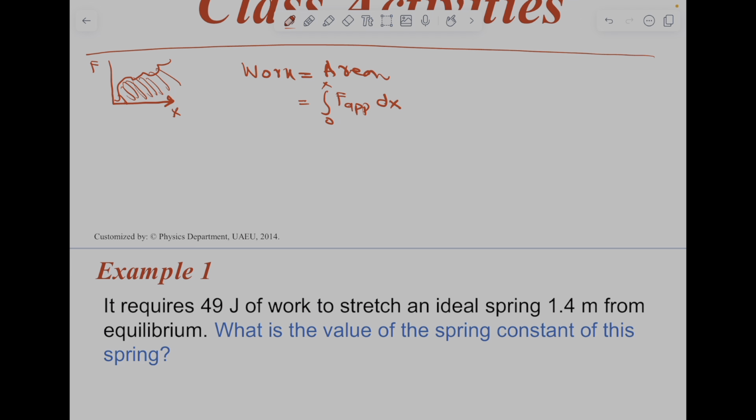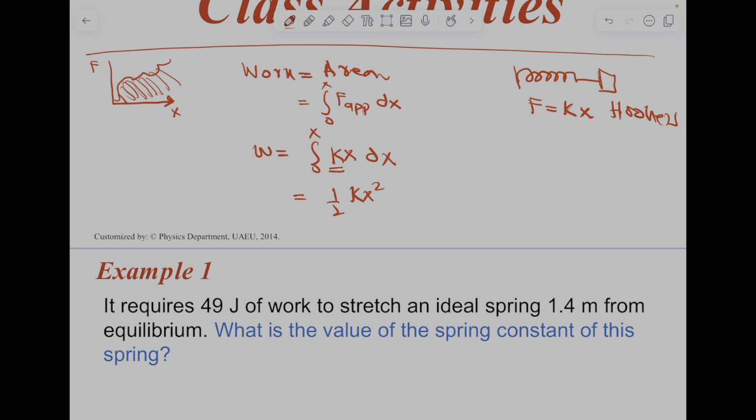When you have springs, your force is kx, which is Hooke's law. Then your work is the integral from 0 to x of kx dx, and you solve this integral to get 1/2 kx squared, because k is constant.